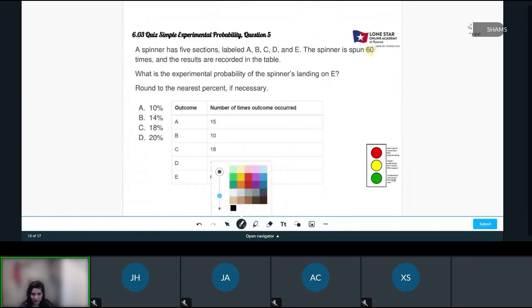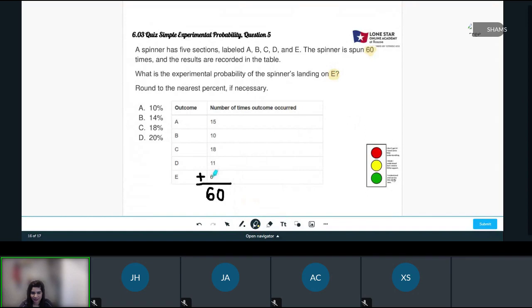So I know the experiment was conducted 60 times. 15 plus 10 plus 18 and 11 and 6, all this will add up to be 60, because the experiment was conducted 60 times. So what is the experimental probability of the spinner landing on E?